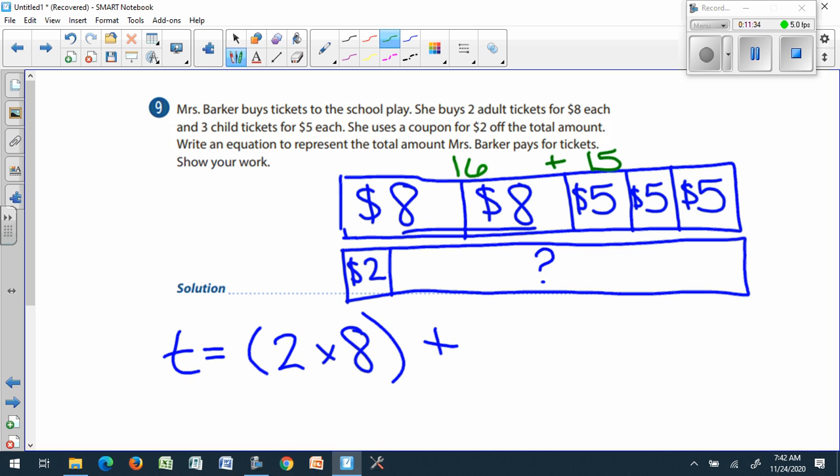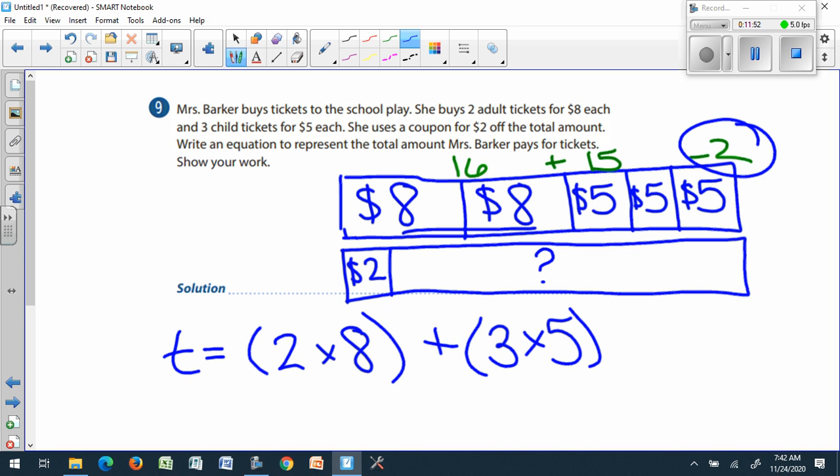That would be how you would solve this, and then you would do minus 2. We are trying to write those equations again with parentheses. So to get the 16, we did 2 times 8. To get the 15, we did 3 times 5. And then at the end, we need to include this, minus 2.